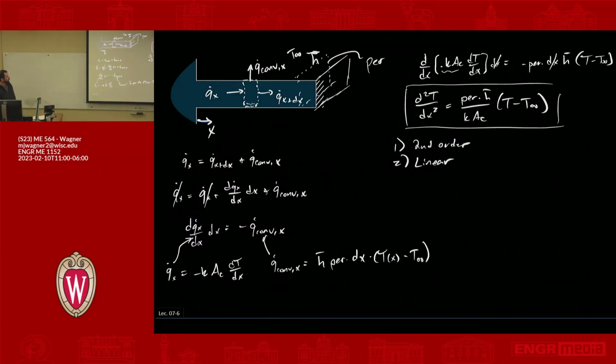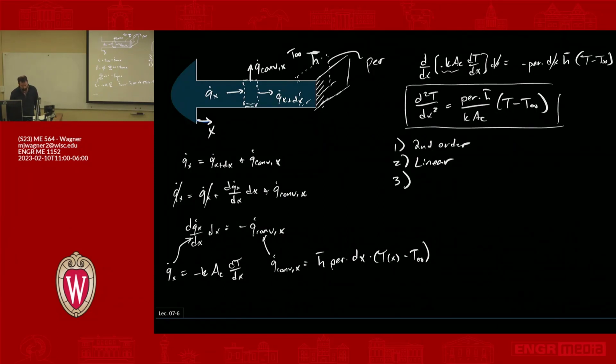It just means that there's no temperature squared or temperature cubed or whatever like that. The temperature is only to the first power, even though there's multiple orders of derivative of it. So it's a linear problem, and that becomes really important because for a linear problem, we can break it apart, do things independently, and then add the parts back together. Right? And we're going to take advantage of that.